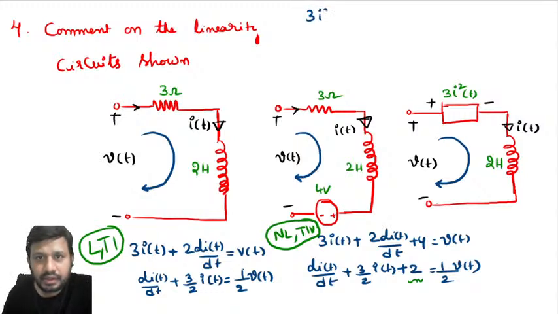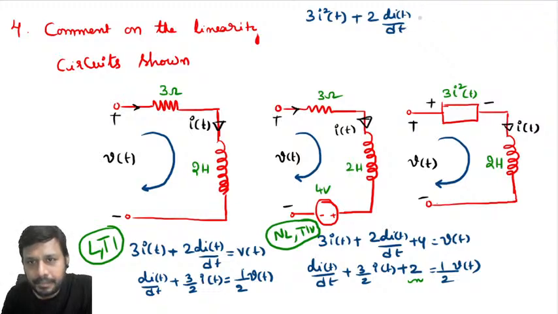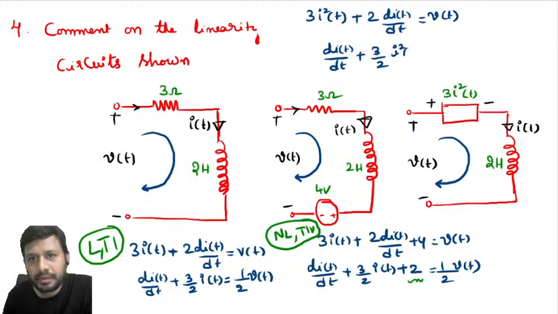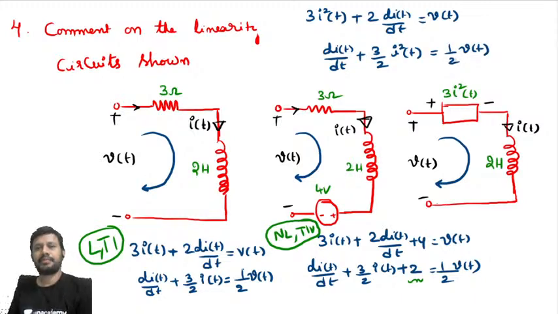Here the voltage is 3 i square of t plus 2 di of t by dt is equal to v of t, or di of t by dt plus 3 by 2 i square of t is equal to 1 by 2 v of t.